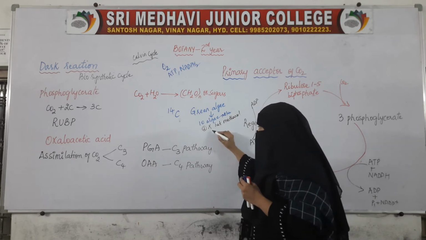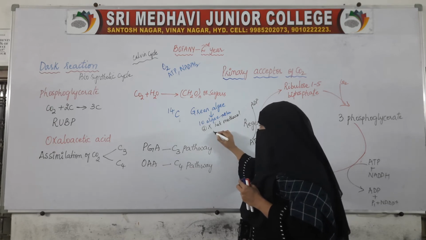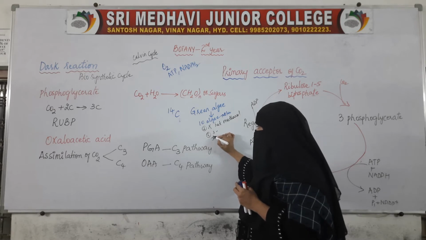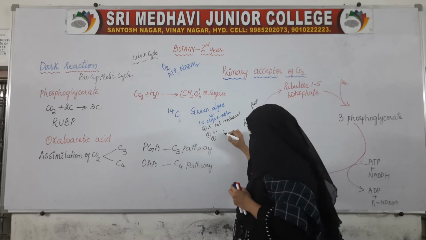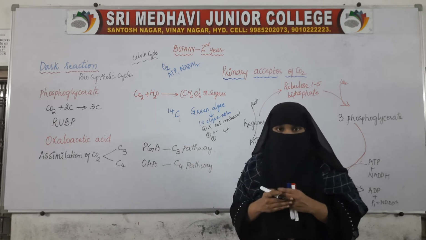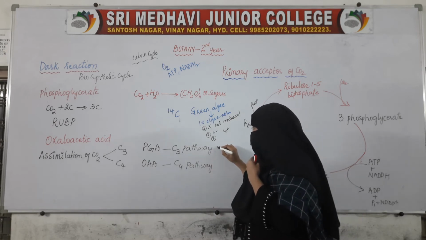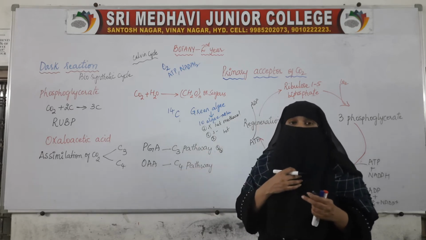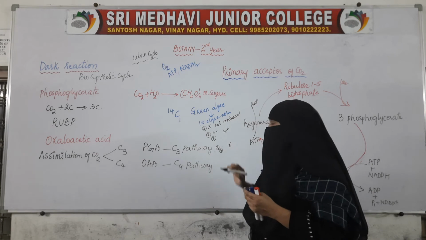After 3 hours, 8 were left. Out of 8, again he took 3 and killed them in hot methanol. Then he saw what product had been formed. Then 5 were left, and again after 3.5 hours he took a few alga and killed them in methanol.